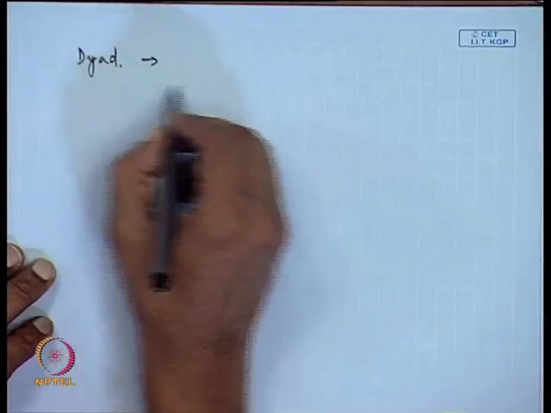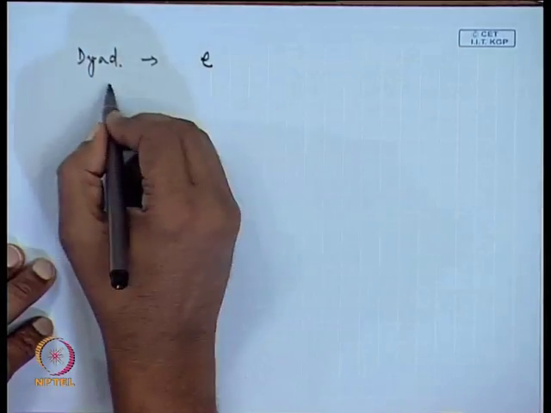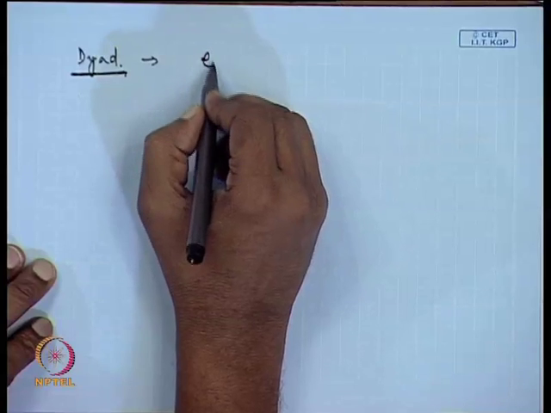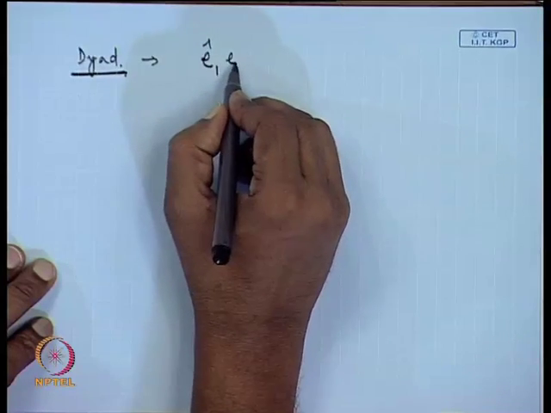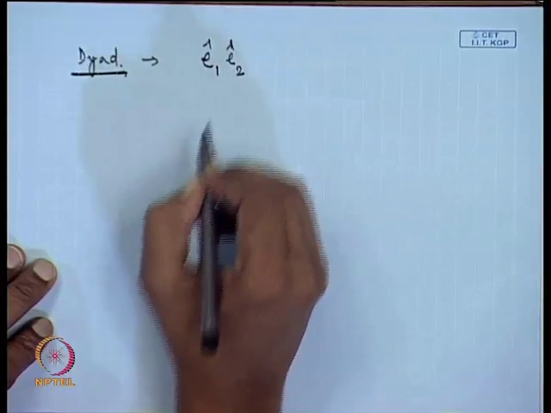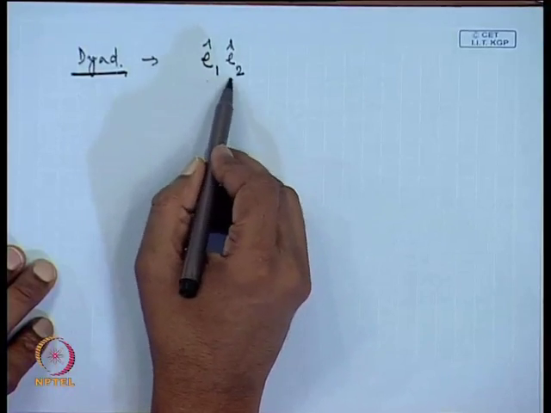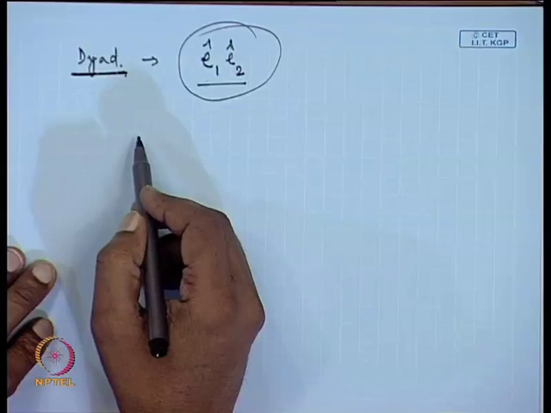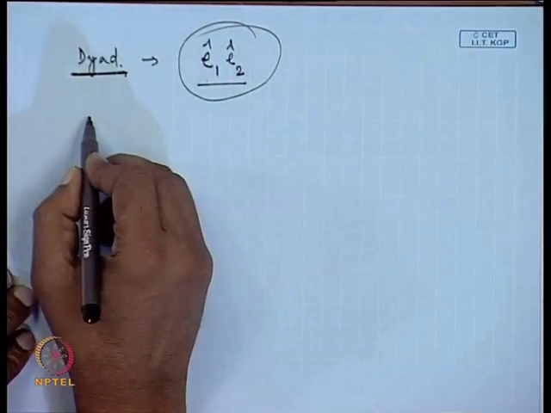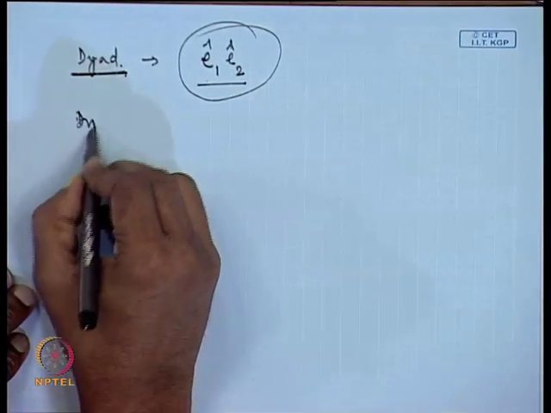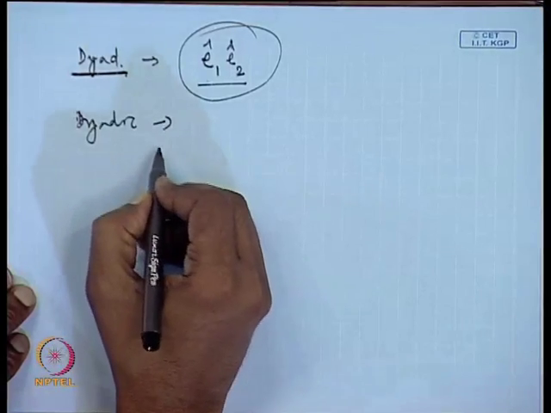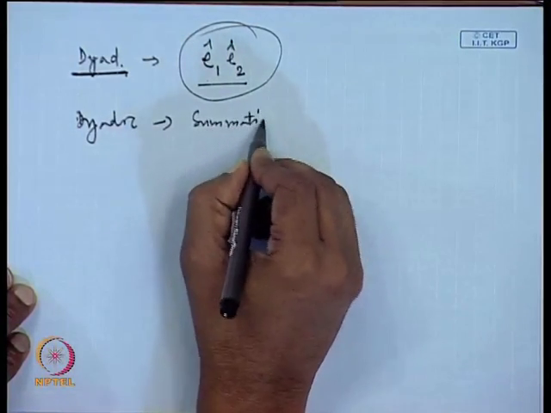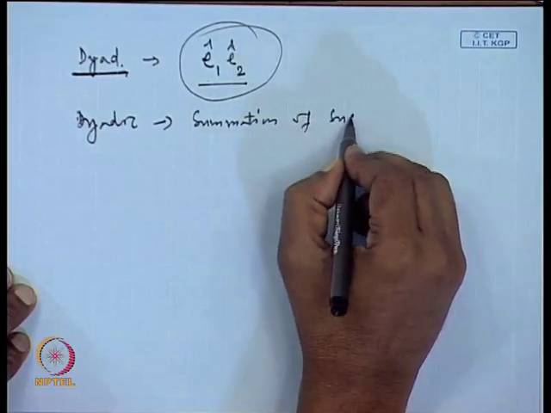Now, we define the diode, which is defined as the product of two vectors without considering dot or cross product. So, if we write E 1 times E 2, this constitutes a diode. Now we define a quantity called the dyadic. This dyadic will be the summation of such diodes.